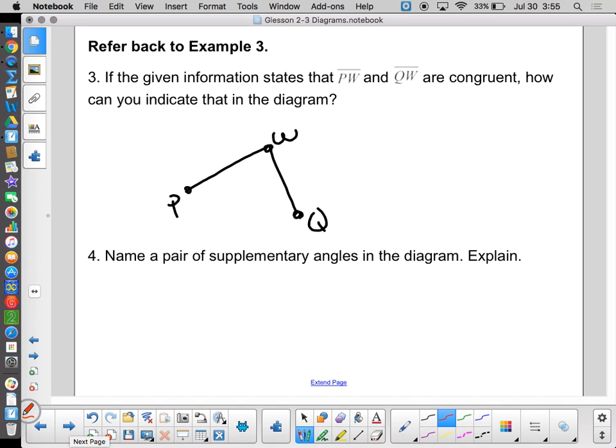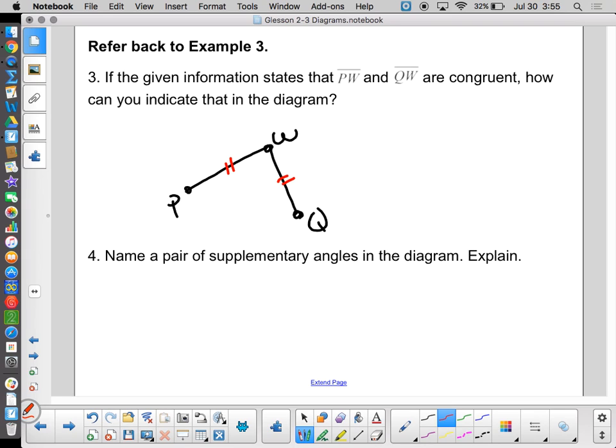We already talked about that. How do we indicate congruent segments? The tick marks. Those two are congruent. If there are multiple things to be indicated congruent, sometimes we'll use a double tick mark or a triple one to show segments are congruent. That's how we show segments are congruent.